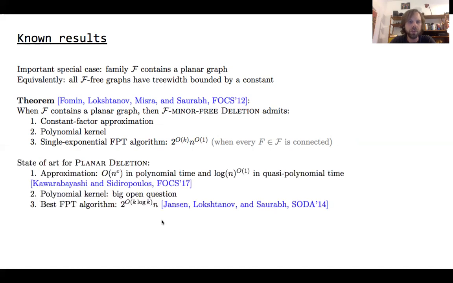Now, planar deletion is arguably the simplest example of an F-minor-free deletion problem which is not yet understood.